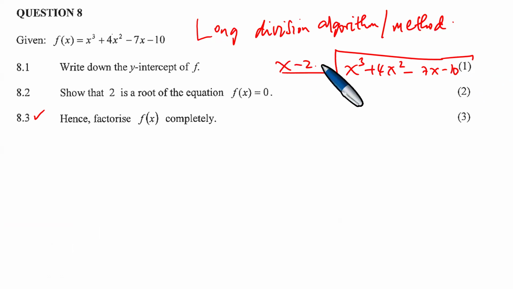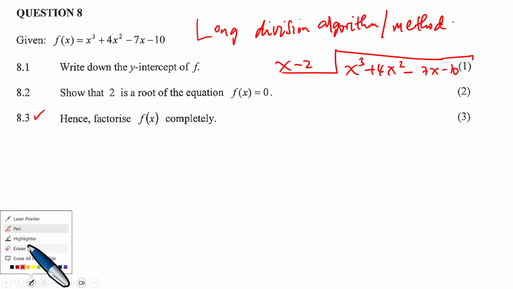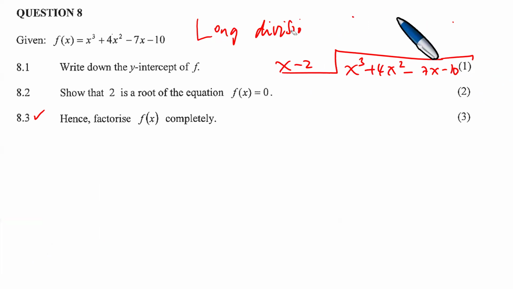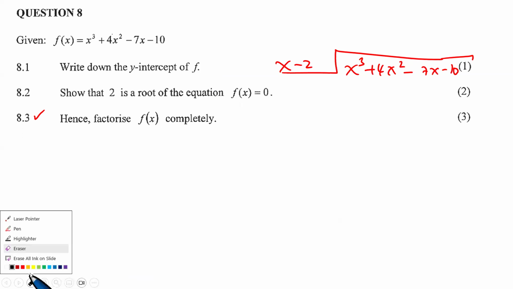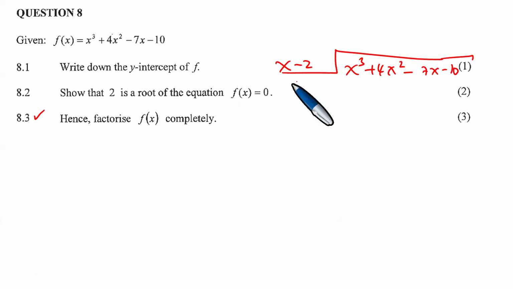We have already said that x minus 2 becomes a factor because 2 is a root.